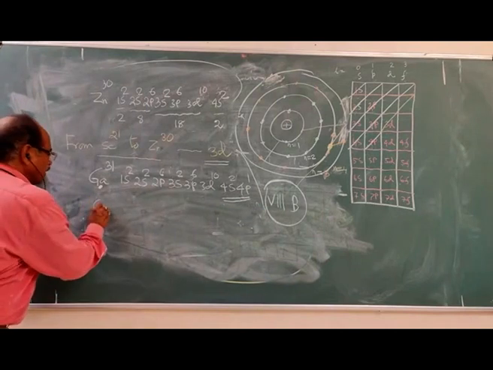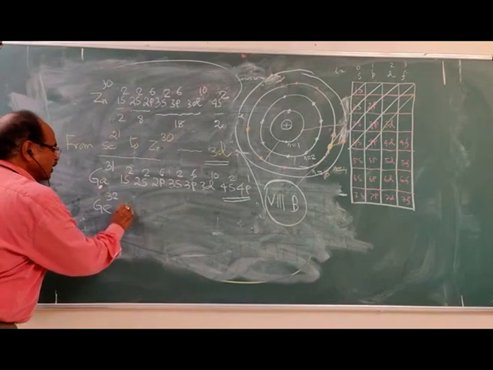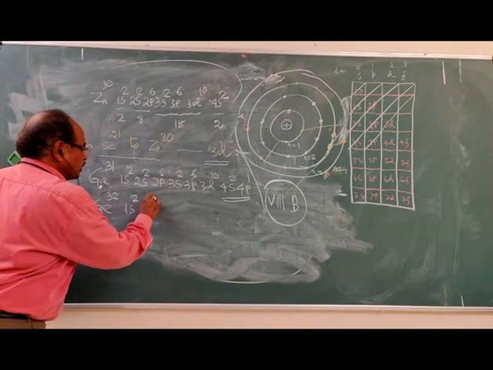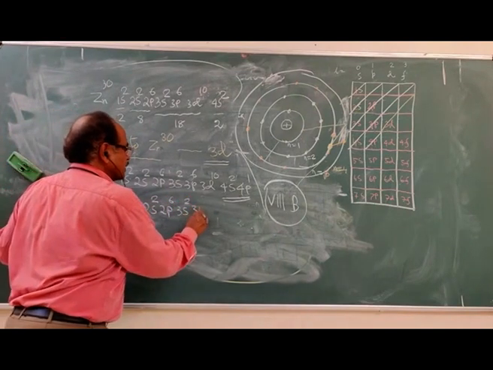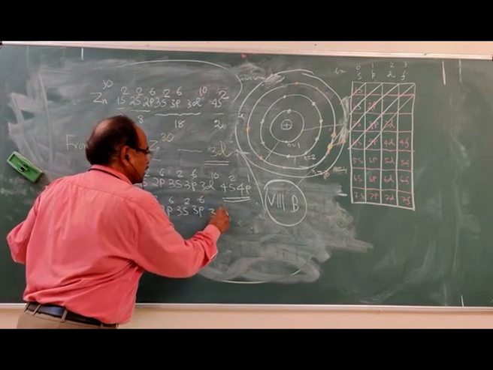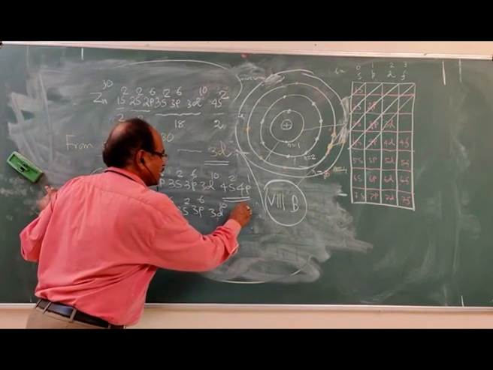Now we come to germanium 32: 1s2, 2s2, 2p6, 3s2, 3p6, 3d10, 4s2, 4p2.